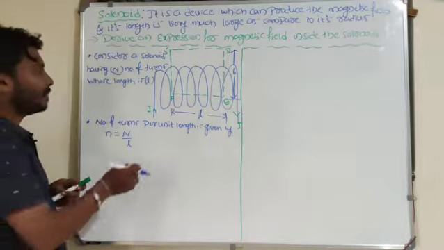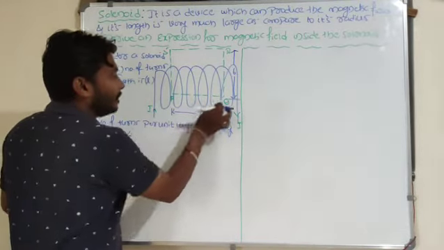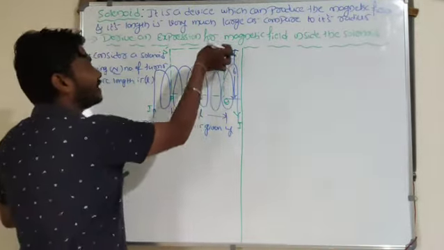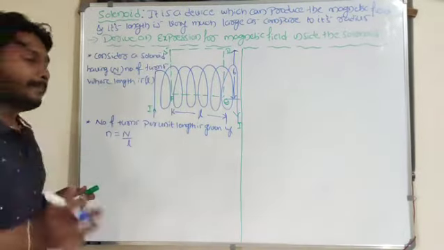So I have to apply Ampere's circuital law to the PQ region, QR region, RS region and SP region here.